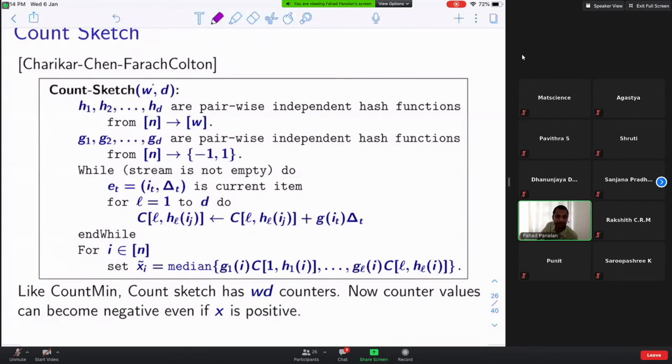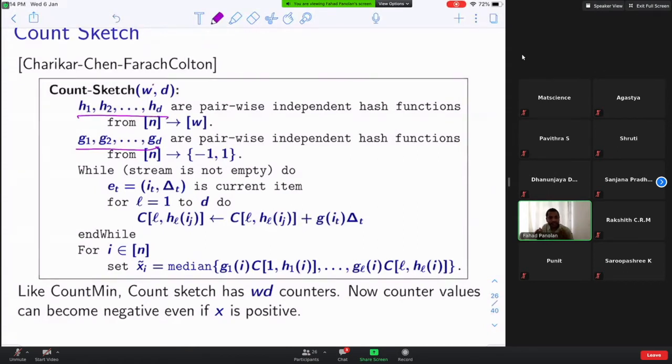And you will have another set of hash functions. They are called G1, G2, etc. up to GD, where each of these hash functions is from N to -1, 1. So there are two sets of hash functions.